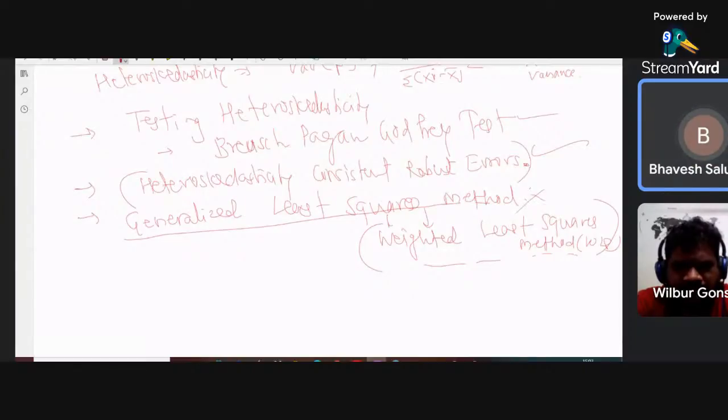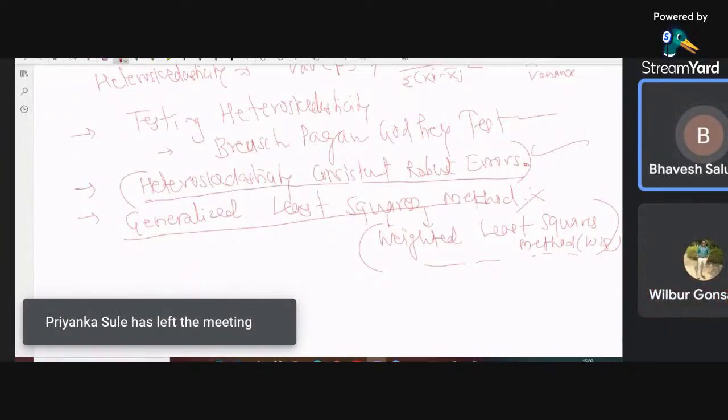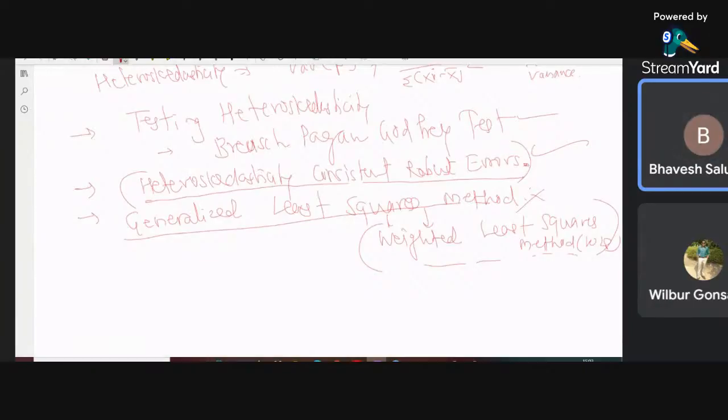We are not going to do this. So with heteroscedasticity consistent robust estimates for the standard errors of OLS estimators, we can compute them by accounting for heteroscedasticity, and then we can infer the test statistics for the statistical significance of parameters.